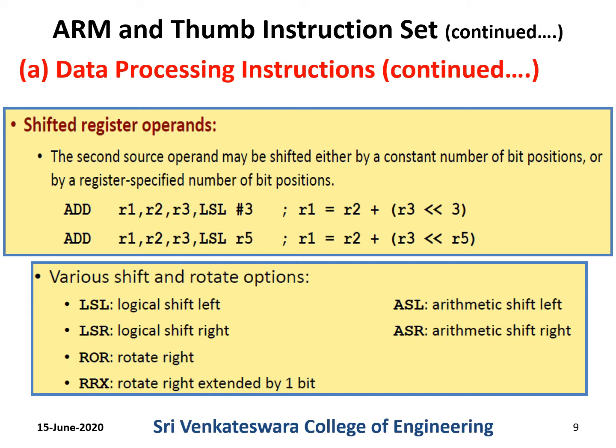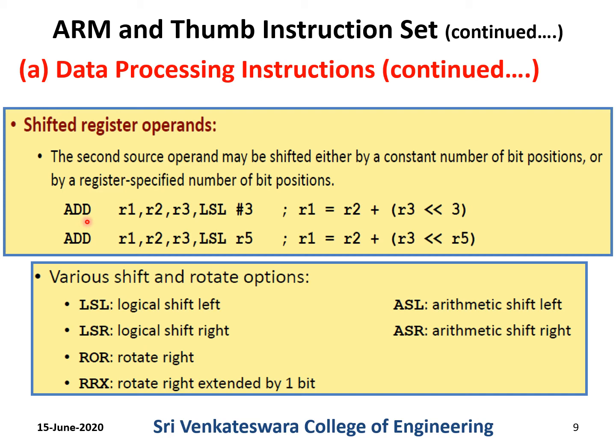Now we will see an example where shifted register operands are used. The ARM instruction set has the following shift and rotate instructions. LSL stands for logical shift left, LSR logical shift right, ROR for rotate right, RRX for rotate right extended by 1, ASL for arithmetic shift left, ASR for arithmetic shift right. So these shift and rotate instructions along with data processing instructions are used like this.